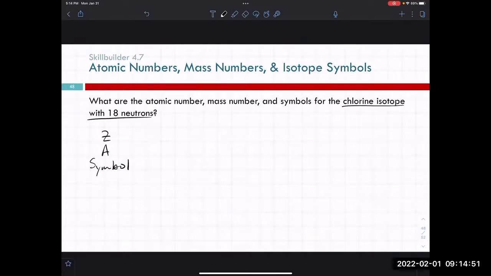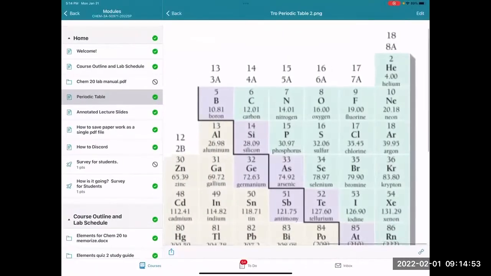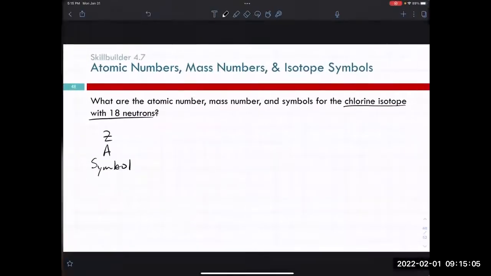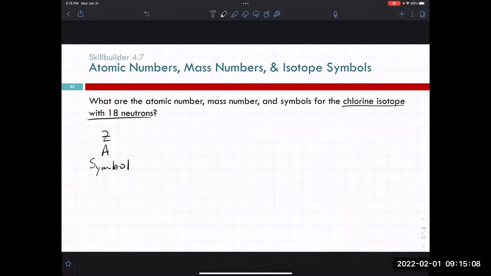We find chlorine on the periodic table. Chlorine is here, and its atomic number is 17. So that means it has 17 protons. And we just learned that the atomic number is the number of protons. So Z is 17 protons.